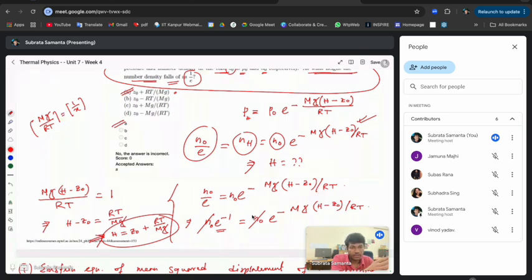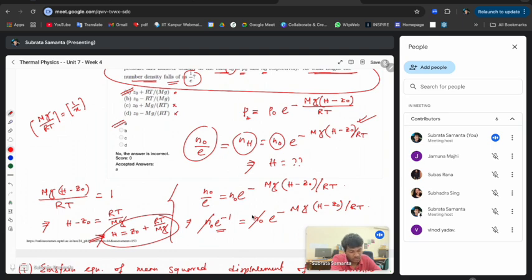When you add two quantities, their dimensions must be the same, otherwise you cannot add or subtract. You can multiply, but you cannot add or subtract quantities of different dimensions. So that option is incorrect.